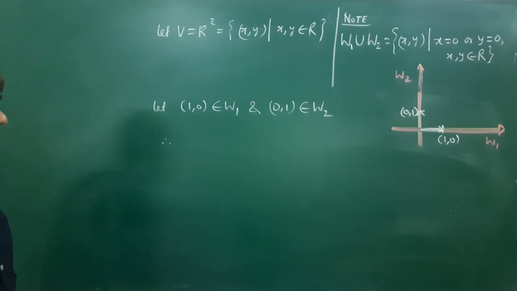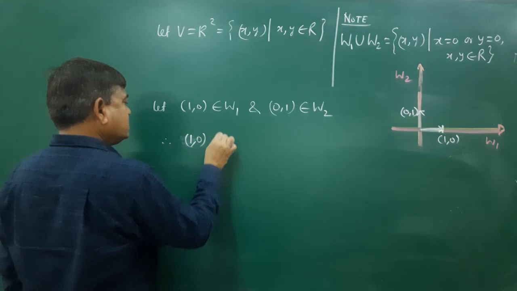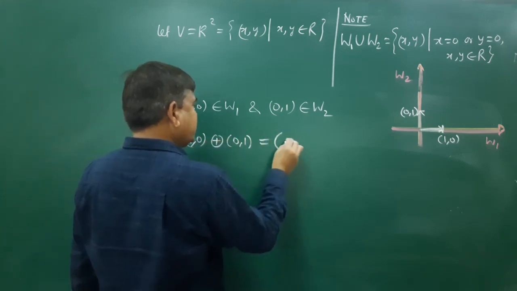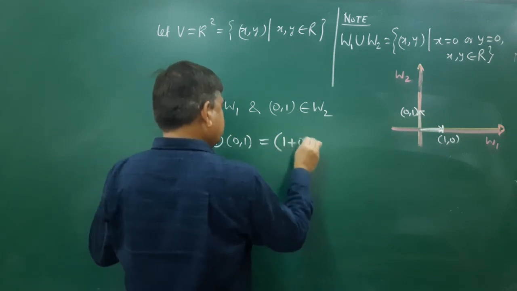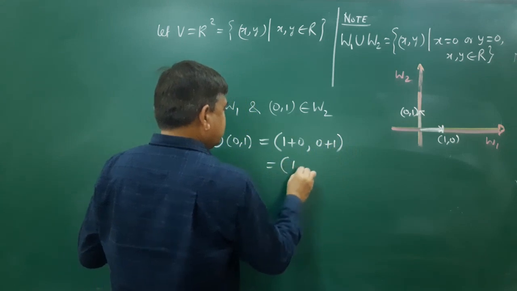If we add them component-wise, it is 1 plus 0, 0 plus 1, and we find (1, 1).